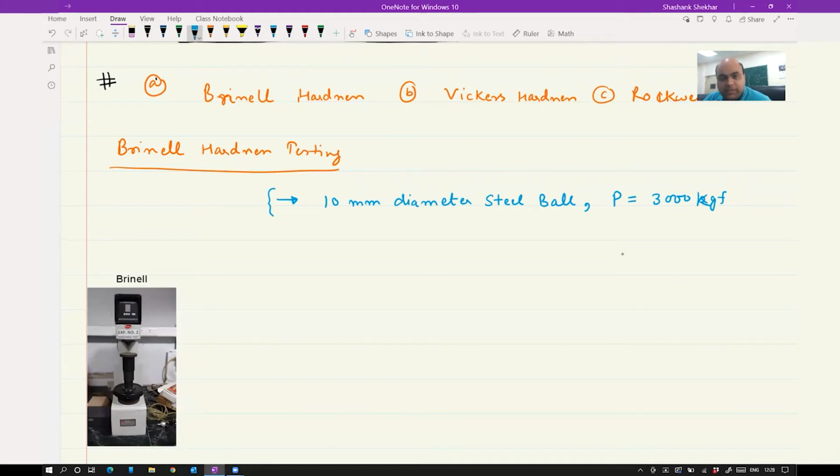In some cases, if your material is hard, you can also use tungsten carbide. So tungsten carbide you can also use for hardened material.